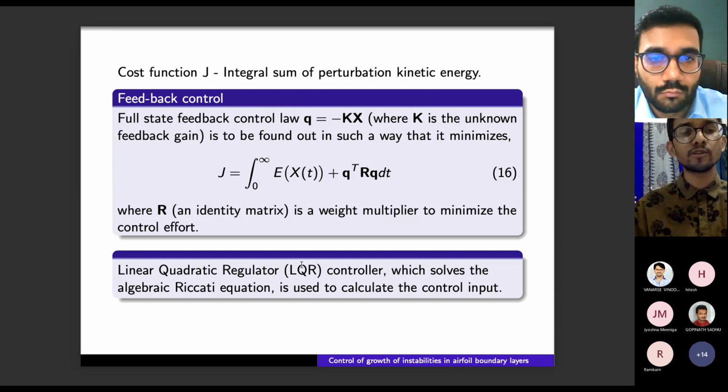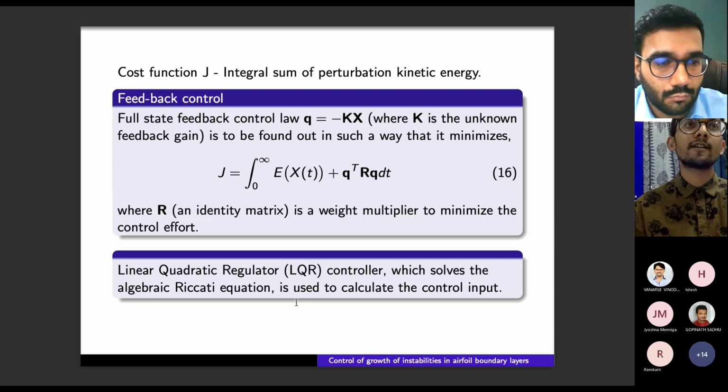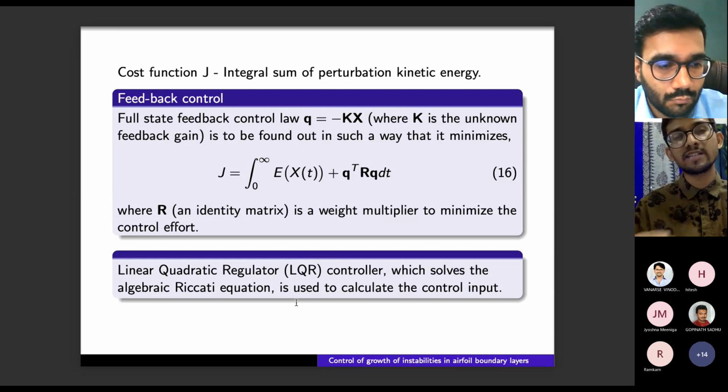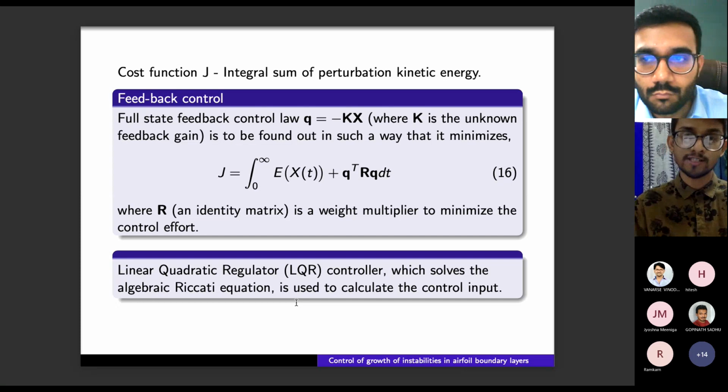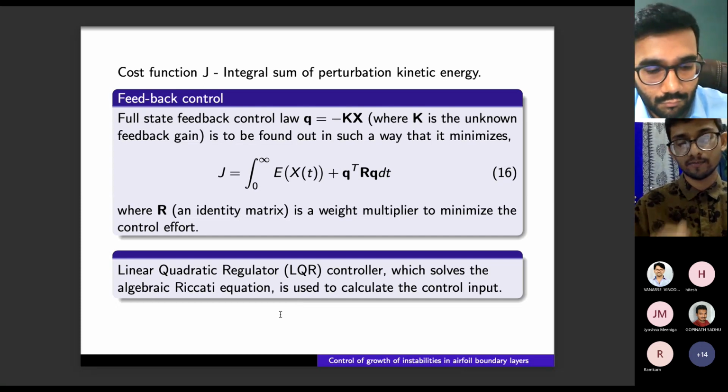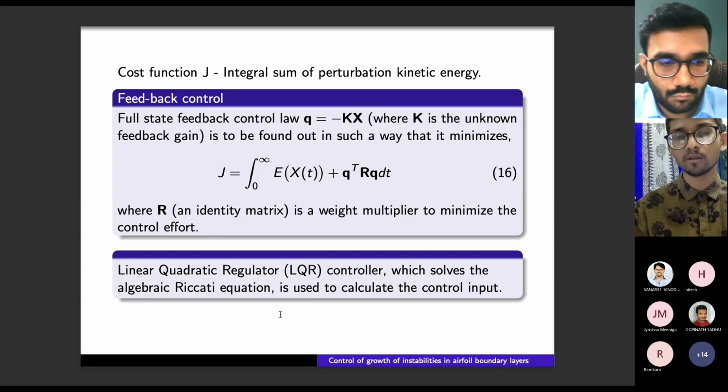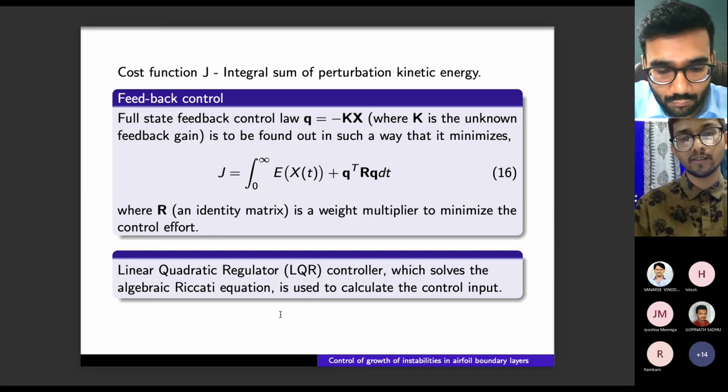We use an LQR controller as this is best suited for a multiple input, multiple output system, which our system is. Since it also follows linear terms, it is best suited for our kind of system.